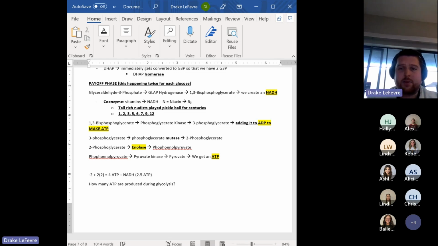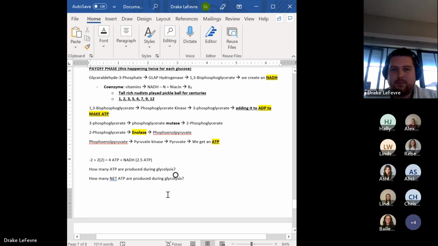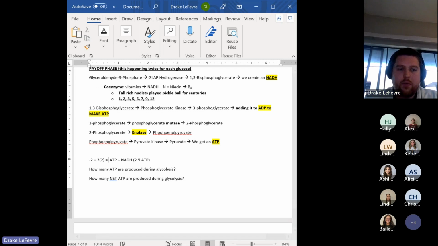Does everybody see the difference between these two questions? The total number of ATP that are produced during glycolysis is 4 ATP, but the net ATP is 2 net ATP produced.